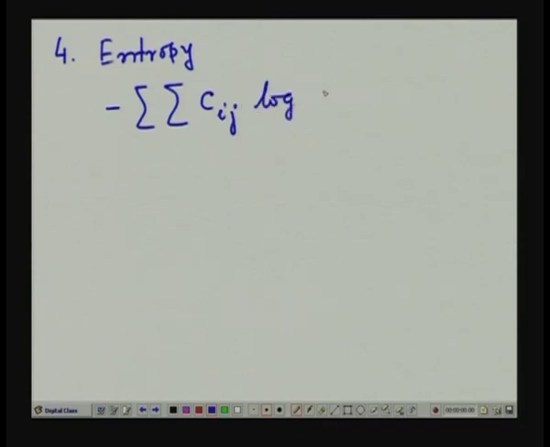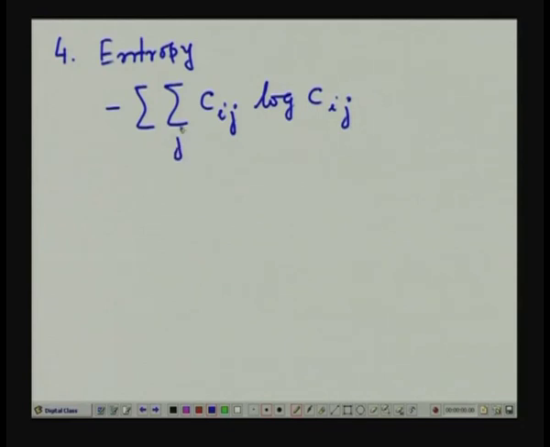The fourth descriptor that we can obtain from this co-occurrence matrix C is what is called entropy. And we know that entropy is defined in this manner: summation over I and j of C I j times log of C I j.